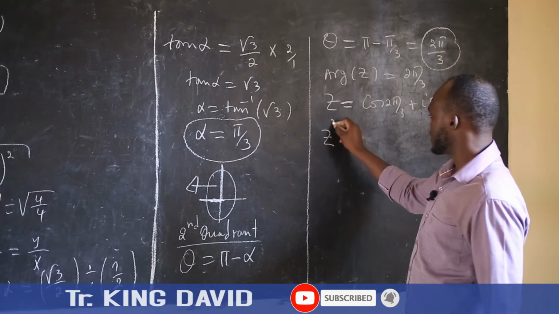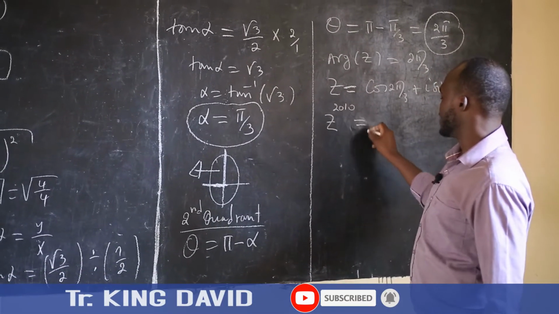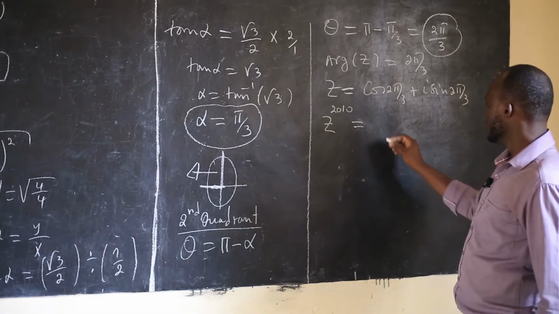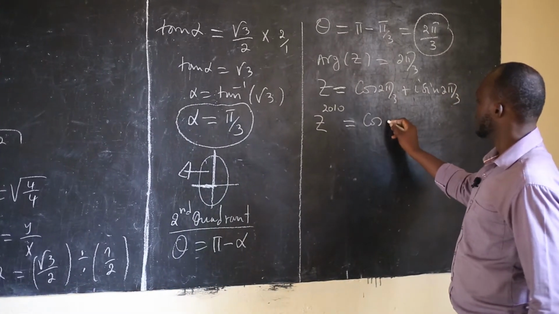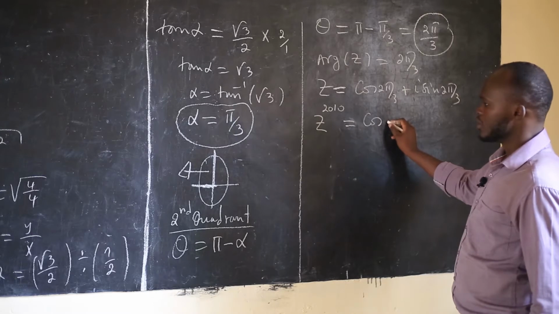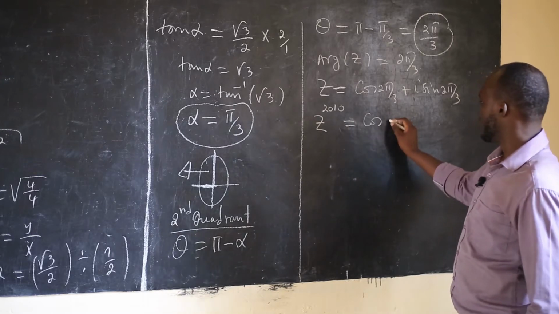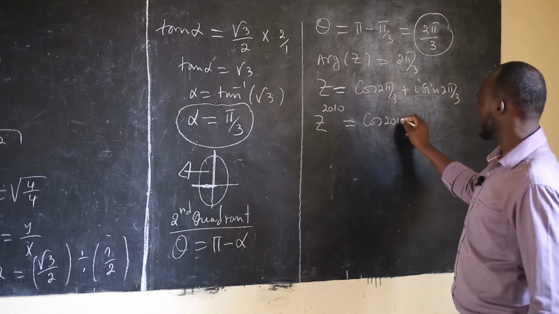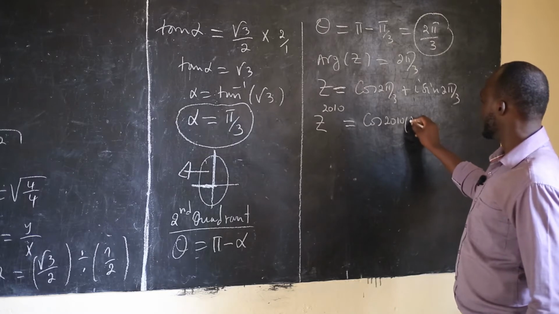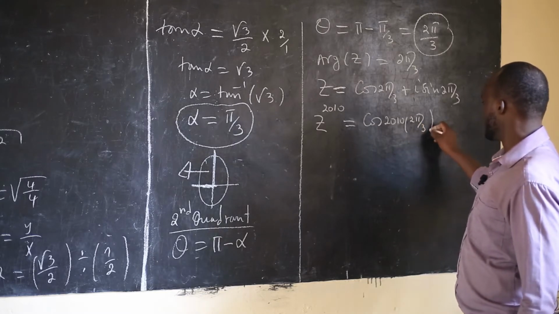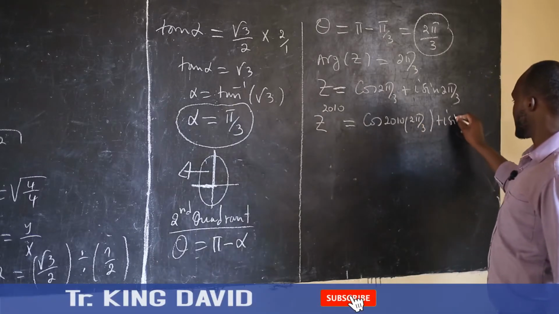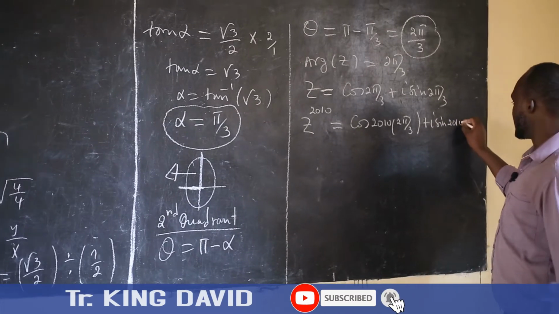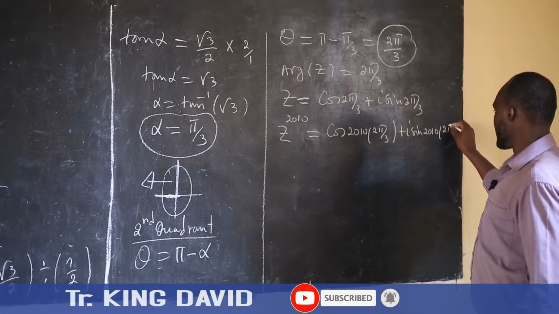Z power 2010 is cos of 2010 times 2 pi over 3 plus i sine of 2010 times 2 pi over 3.